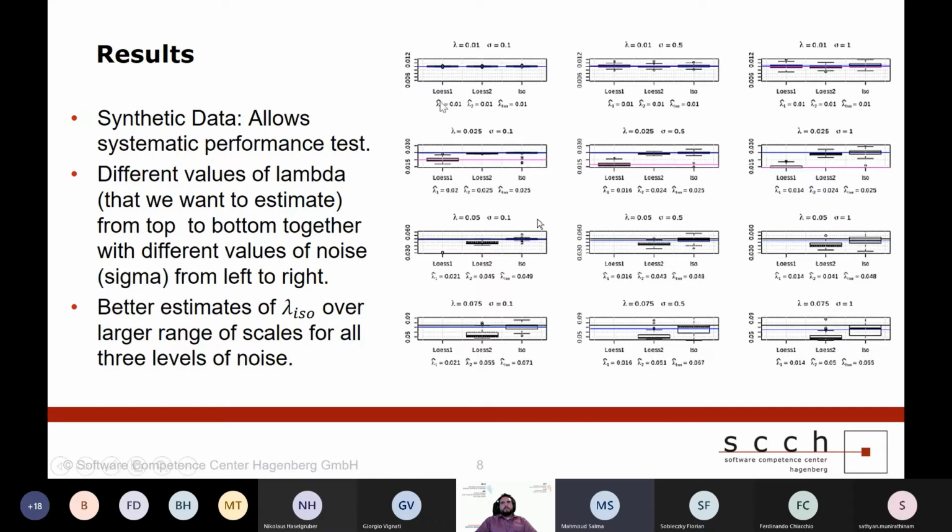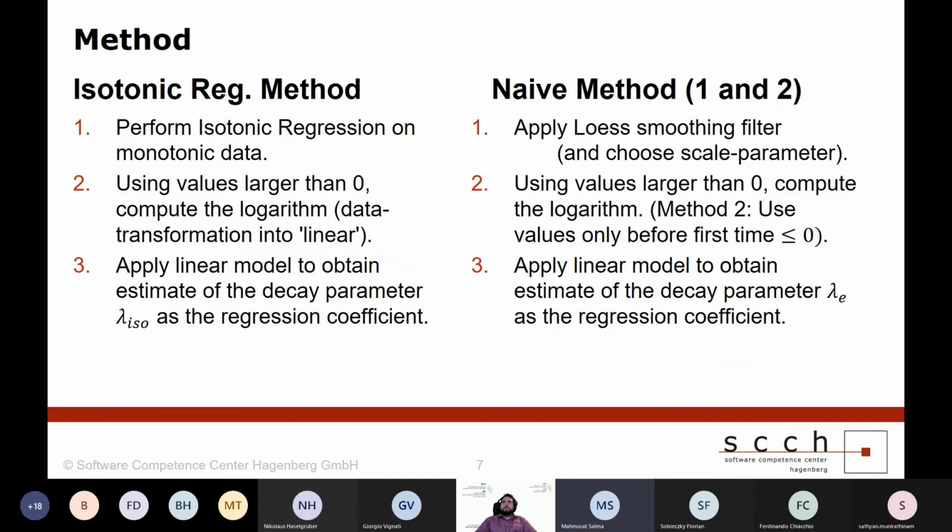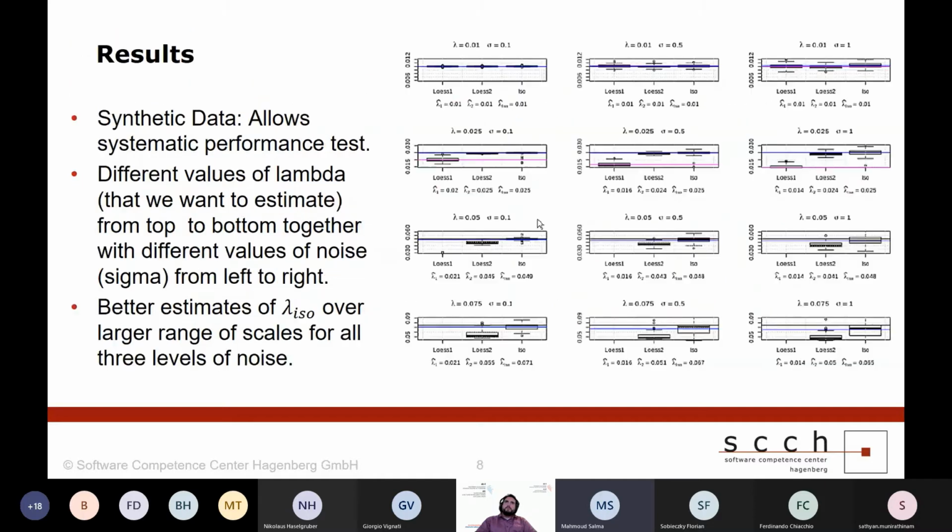For each column, we have naive method 1 as the first column, and then naive method 2, which considers the part that is larger than 0, and then the isotonic regression, which is our method, in the third column. So our main comparison is between naive method 2, or the exponential regression 2, and our isotonic regression method, which are the second and third columns.